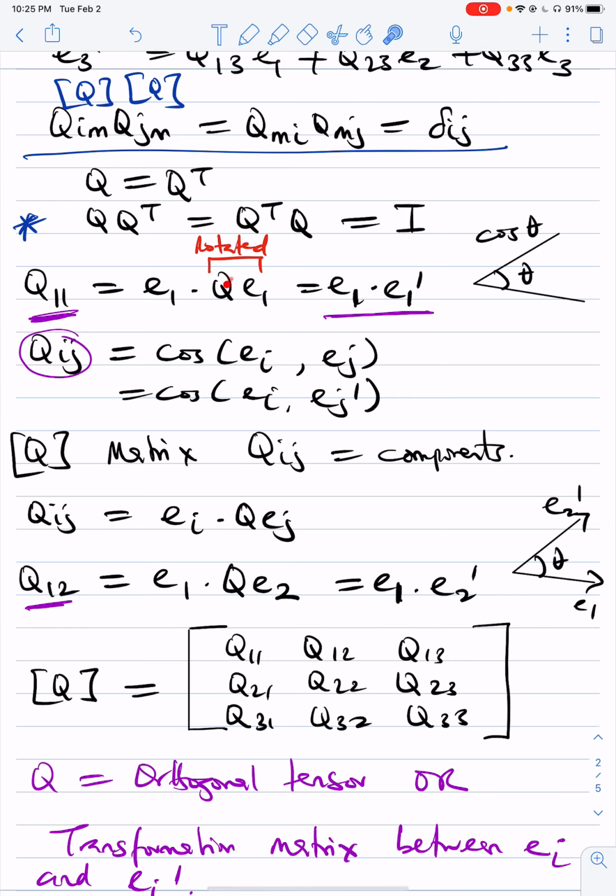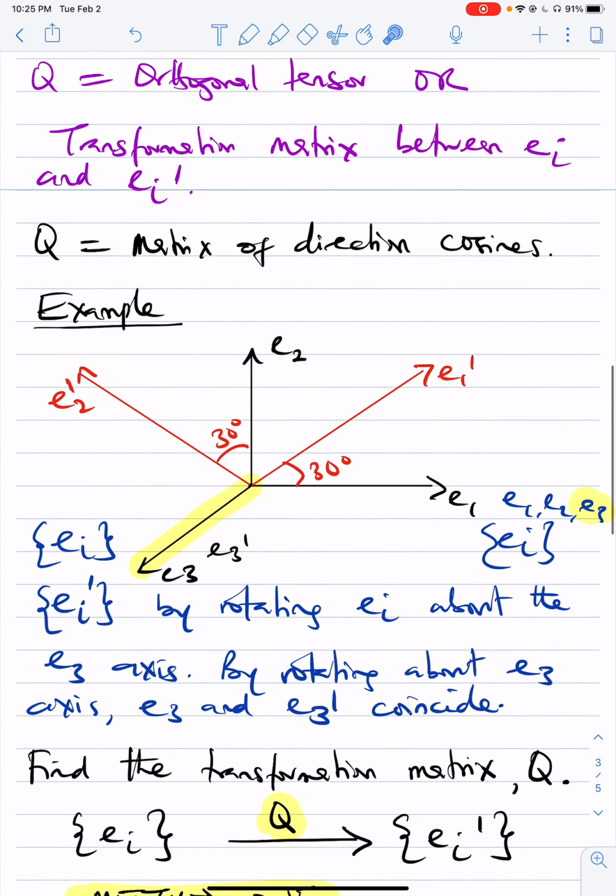That is, we have Q, the transformation matrix, times E1 to give E1 dot E1 prime. This is equal to the angle between E1 and E1 prime. So that's why we simply write cos of E1 and E1 prime. That's what you're going to be doing for all the components inside.